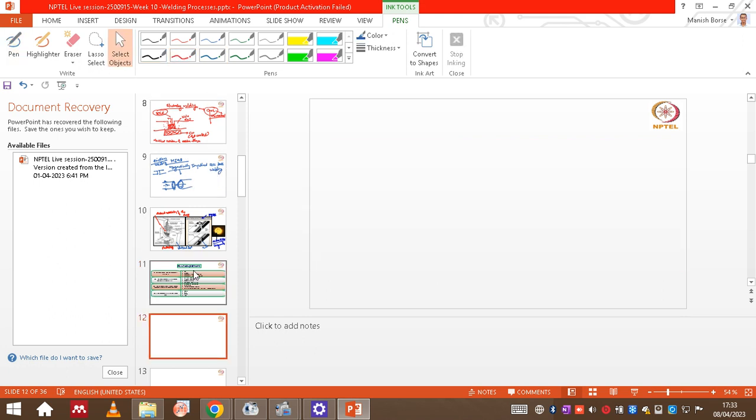Okay. The next type of welding process is thermit welding. If you remember, this is again one kind of welding where we end up with a cast microstructure, right?